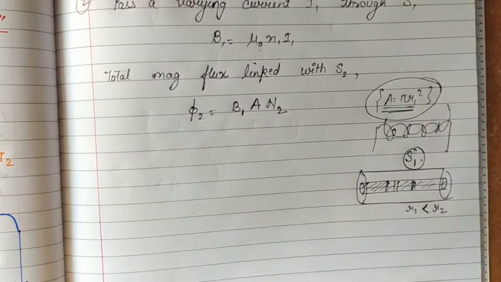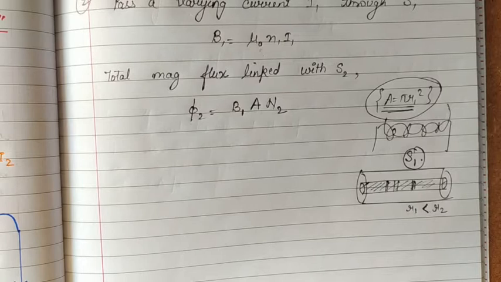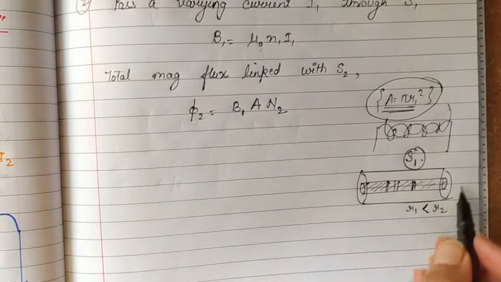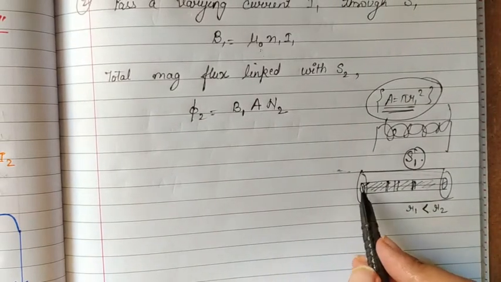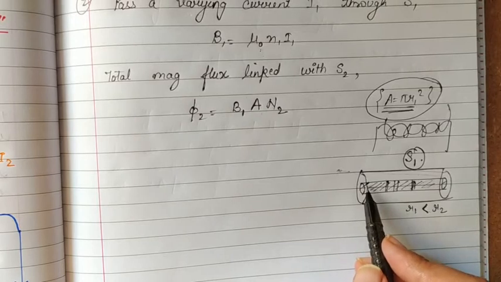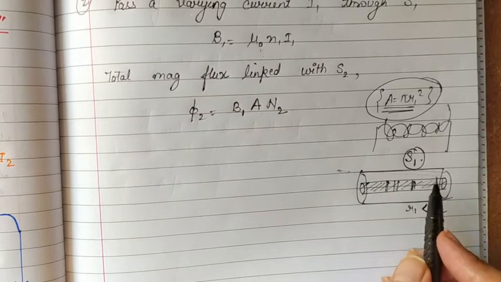In the initial case we produced the field in R2, the bigger one, and because of that flux is linked with the whole region, and the region that we have to consider is of r1 radius, so we consider A is equal to pi r1 square.